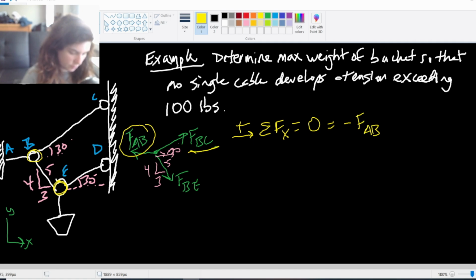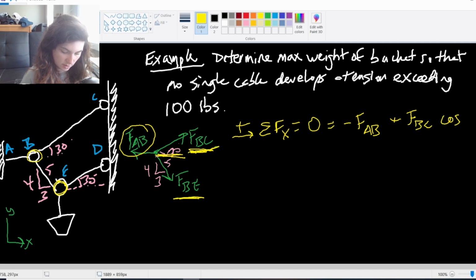And then these two forces both go in the positive x direction, so they'll both be added, plus the x component of FBC is going to be FBC times this adjacent, cosine 30, because we're looking at this component here, and if we take the cosine, that gives us the adjacent to the angle value, cosine 30, plus this value.